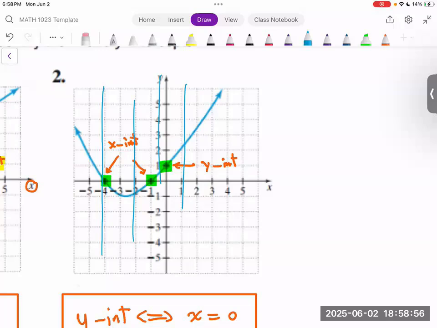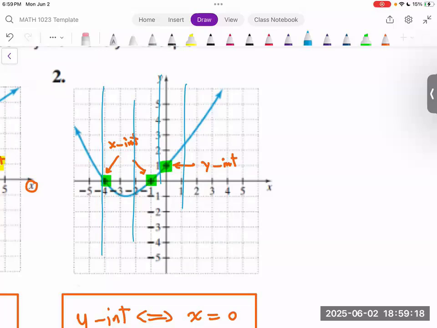Does it make sense? So obviously here, this is a graph that could be a function. Now, for any function, I could have many x-intercepts. I don't have a problem with the x-intercept. What I do have a problem with is, can I have 2 y-intercepts? I cannot have 2 y-intercepts. Why?